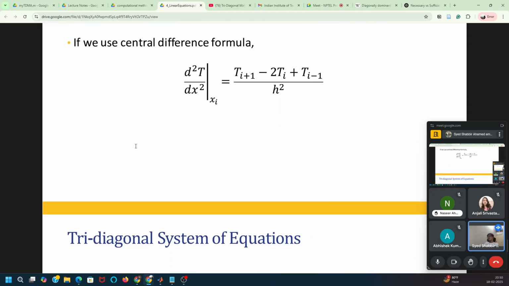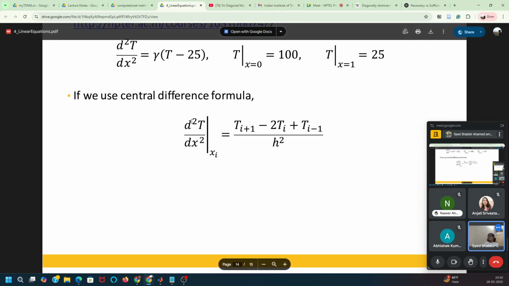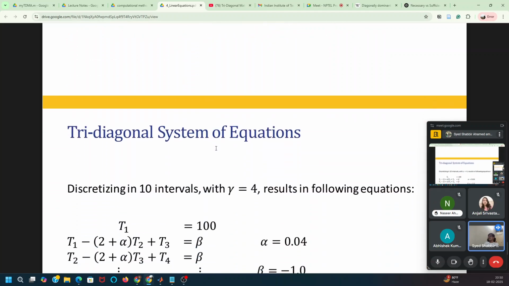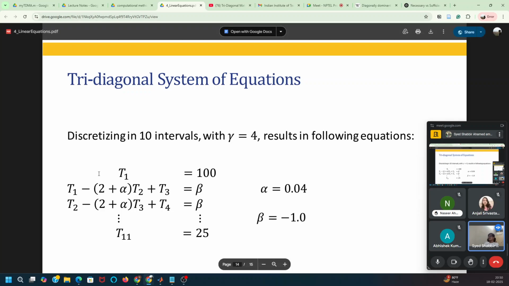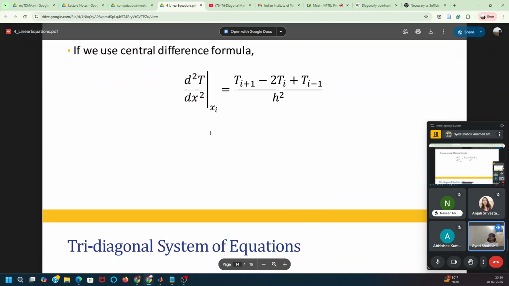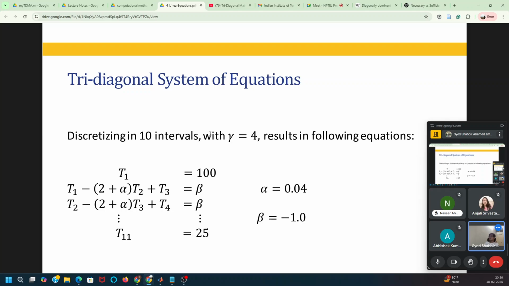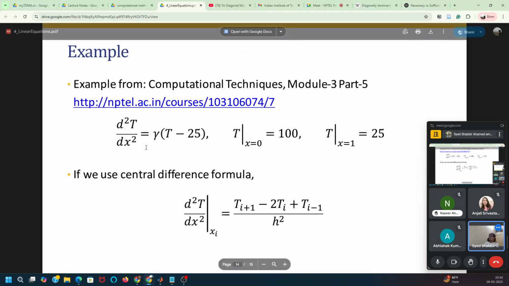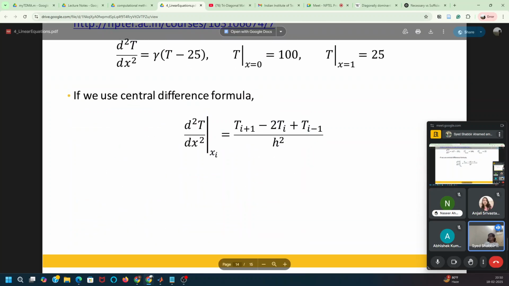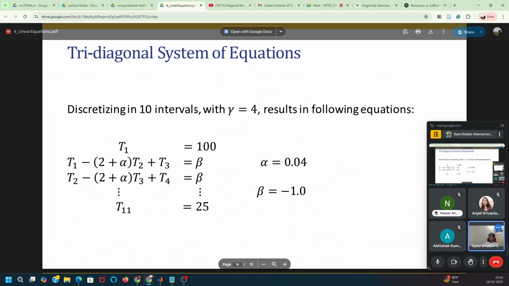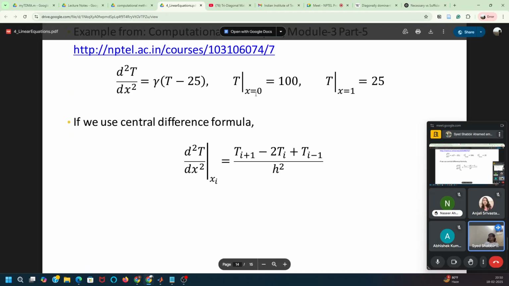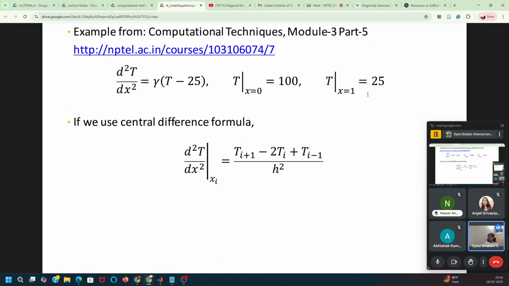So you can see that this central difference formula will finally lead to a linear system of equations like this, at x1, x2, x3 and so on. Let's say you are dividing it into 10 intervals with gamma equal to 4, which was given here, going from x equals 0 to x equals 1.